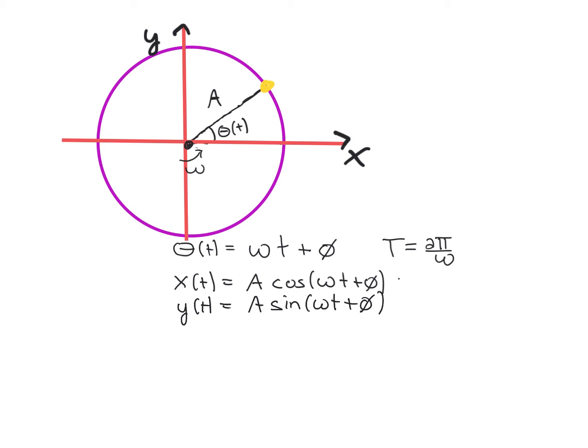And we are going to call this kind of motion, where the position varies in proportion to either the sine or the cosine of omega t plus phi, a type of motion that we're going to call simple harmonic motion. And to see what that looks like visually, let's look at the following little video clip.